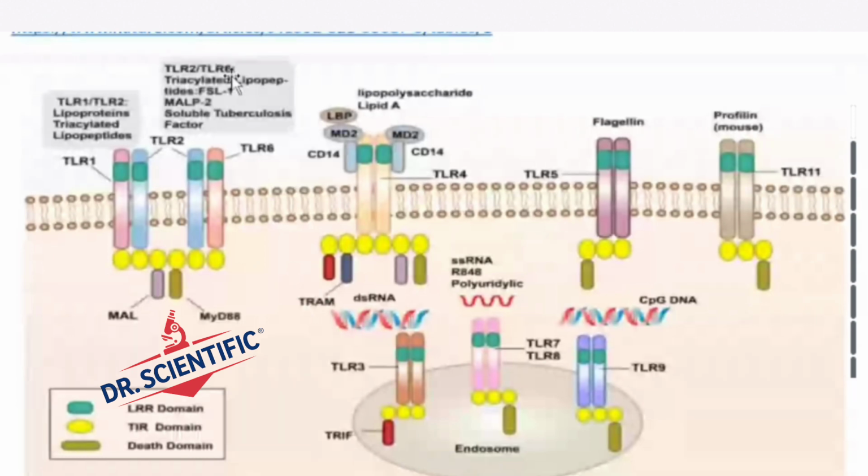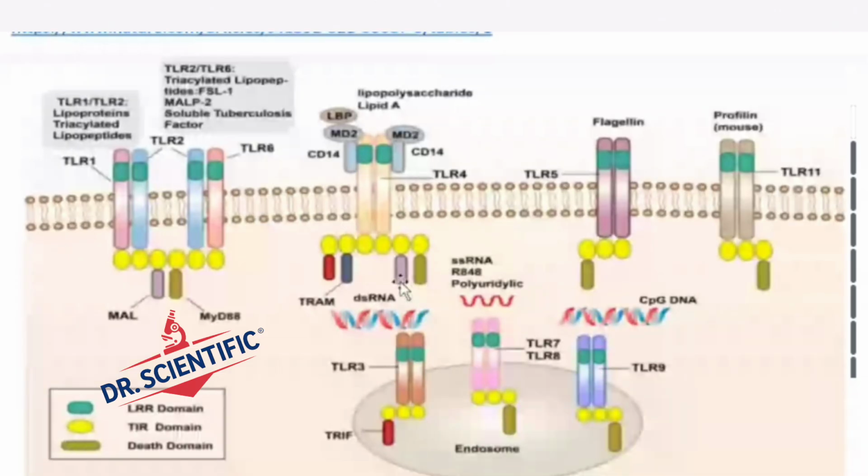Now, if you have bacteria that have flagella, we know flagella are present especially on prokaryotic cells, then toll-like receptor 5 is able to detect that this is flagella. Human beings don't have flagella, so this is an invader. If you have a virus that is double-stranded RNA, in human beings, RNA is single-stranded.